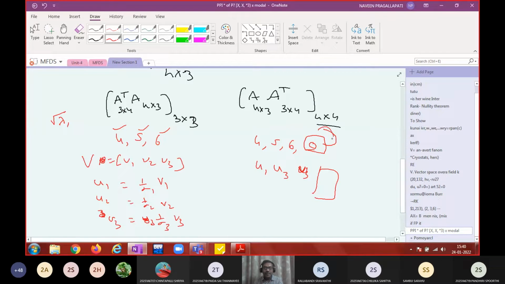If you don't want to apply this one, then instead of finding U1, U2, U3 like that, you find the normalized modal matrix corresponding to all these vectors of A A transpose. That is going to form U1, U2, U3, U4. But instead of going like that, you simply go with U1, U2, U3 and U4 only additionally, if at all any unfilled column is there.